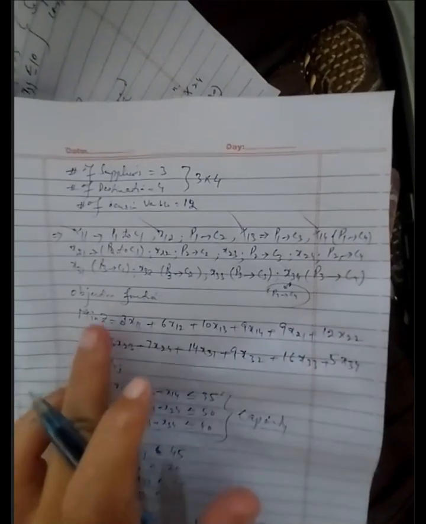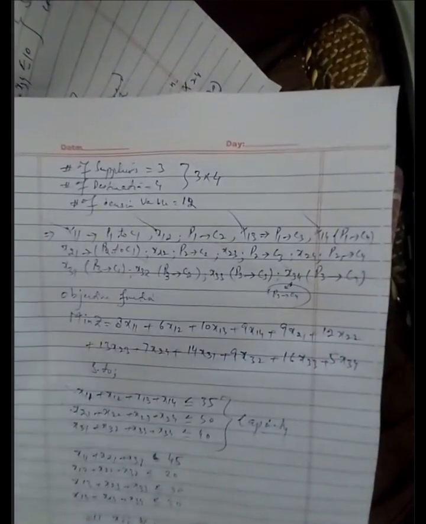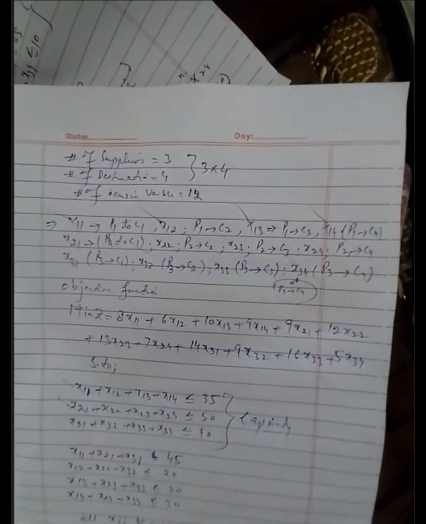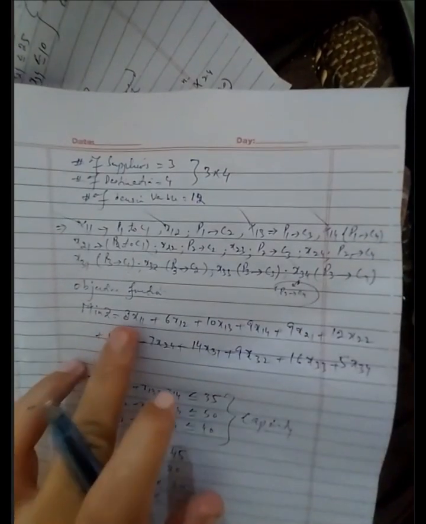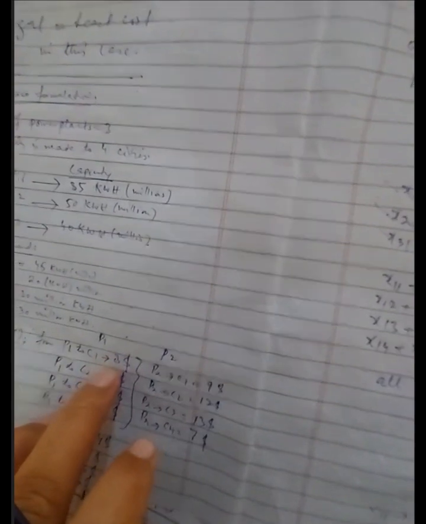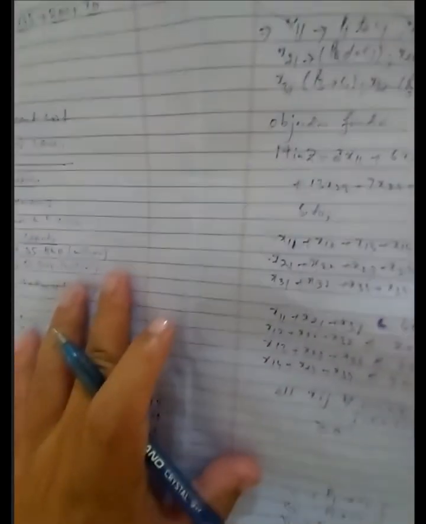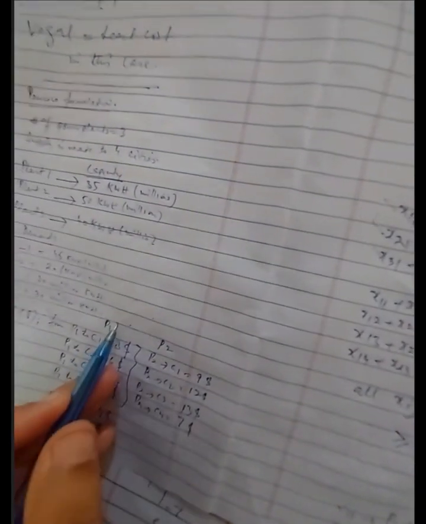Now we define the objective function. As the costs are the concern over here, we have a minimization problem. So it is minimize Z equal to the cost associated with each kilowatt hour transferred, because here we have the transportation cost. Whenever there are costs associated, it means that it is a minimization problem.